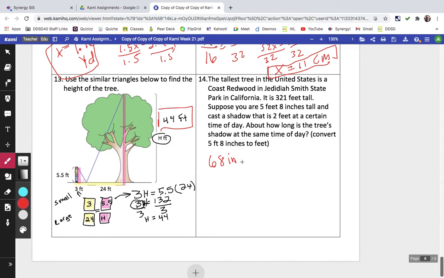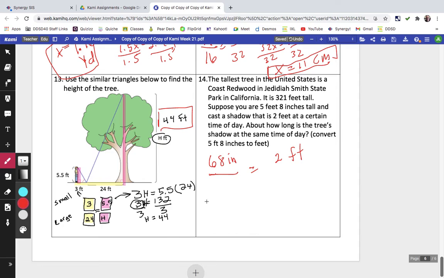And you cast a shadow that is 2 feet. So I've got a 2 foot shadow. How long is the tree shadow? So since I used inches here, I'm going to have to use inches.